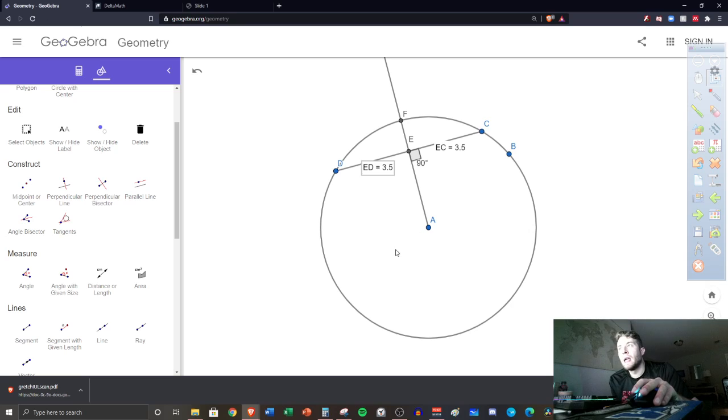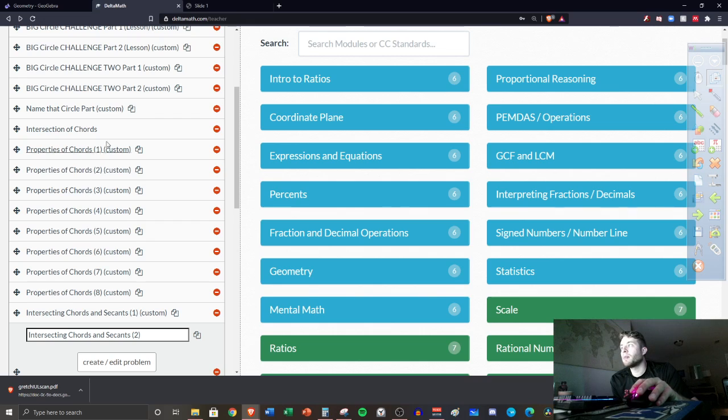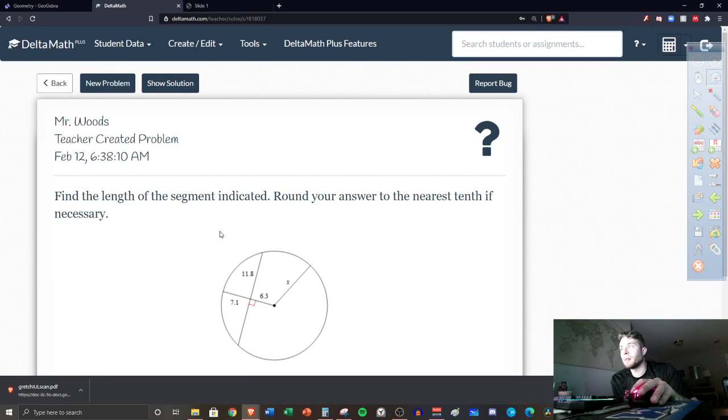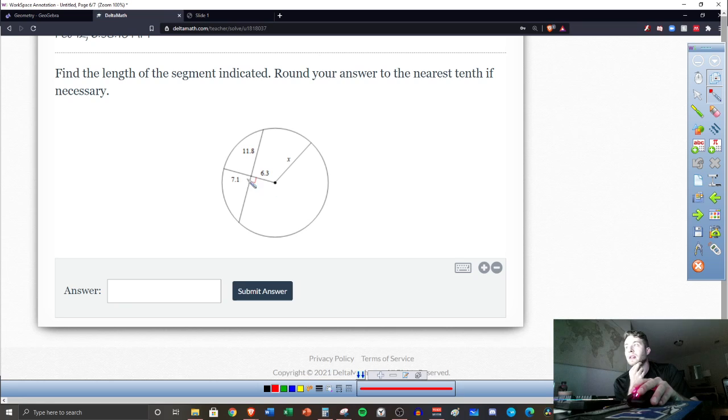Okay, so let's look at some questions that you're going to have for this. That's this section here, properties of chords. If we look at this first problem here, a lot of these questions, you don't even need the rule. We can just figure out what it is. X is a radius, and over here we have a chord that's being intersected perpendicularly, which means this is bisected.